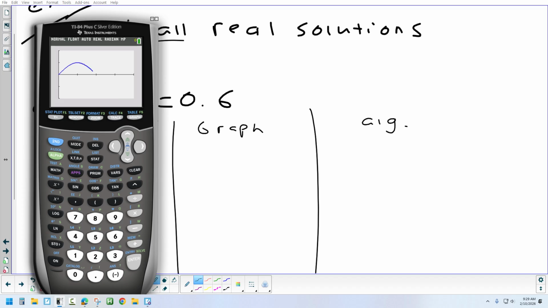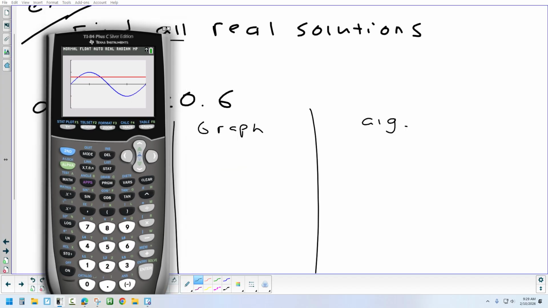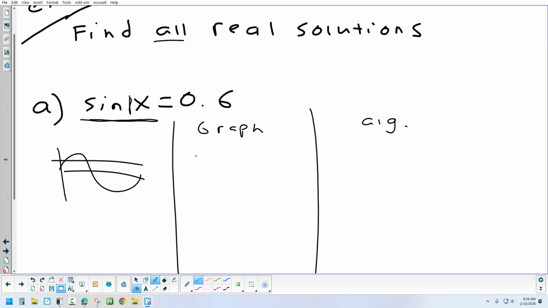Okay, so here's your graph. And now we'll just do second calc intersect. I'm going to do the one on the left. If someone else can do the one on the right, that will save us a couple seconds. So the one on the left is 0.644.